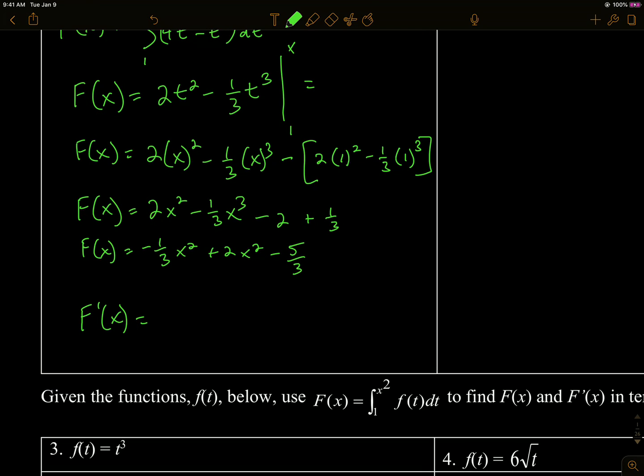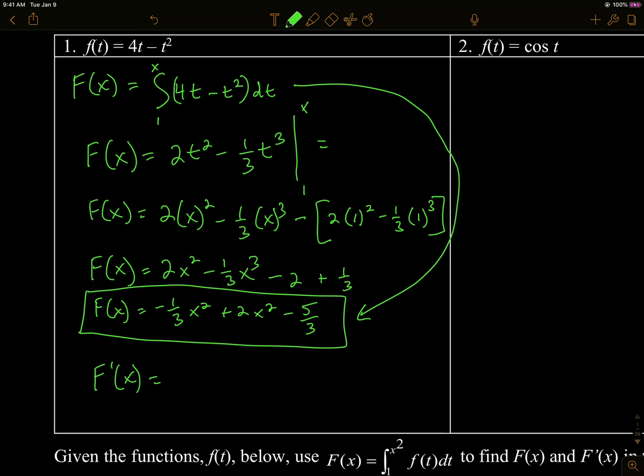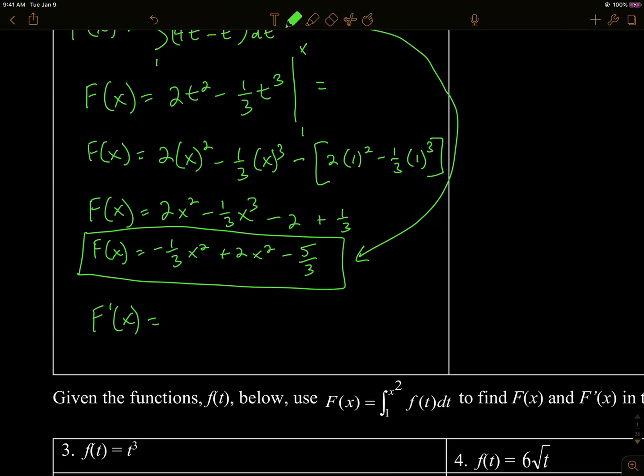That's our F of x. It was defined as an integral, but I could actually integrate and turn it into the function that it is. Those two things represent the same thing. I can leave it in integral form, or I can write it out as the function. In this case, it's a polynomial.